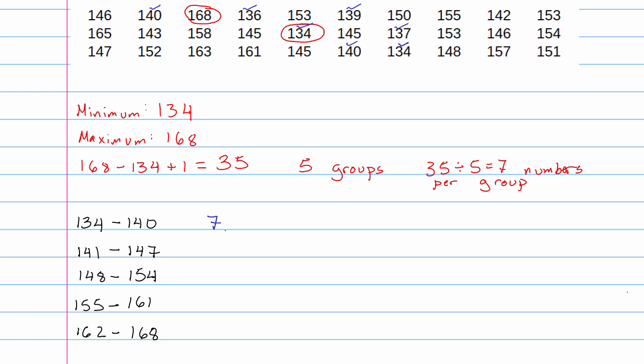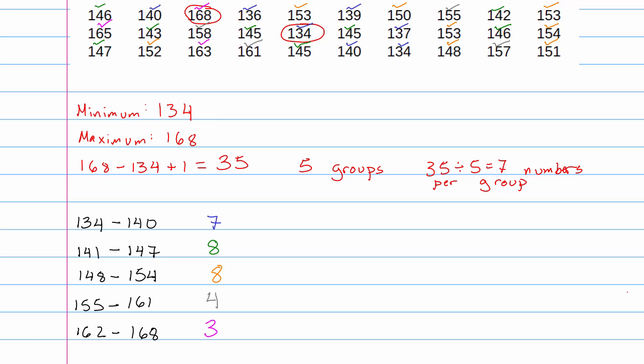I have 7 values in that first group. I'm going to pause recording and finish counting the rest of the groups. If you'd like to count as well and see if your counts match mine, pause the video and finish your counts. So this is what I get. I get 7 in the first group, 8 in the second, 8 in the third, 4 in the fourth, and 3 in the fifth.